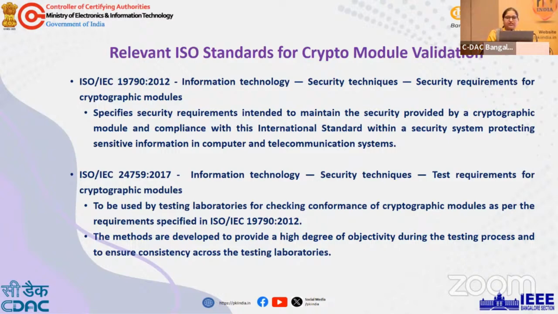These are the test requirements, in the sense of what exactly the lab has to do: what information the vendor has to provide to the lab, how the lab tester will operate the modules, and how he will validate the modules. All of this is explained in ISO 24759, and both the vendor and the tester in the lab have to follow this standard. Basically, this is called the derived test requirements.